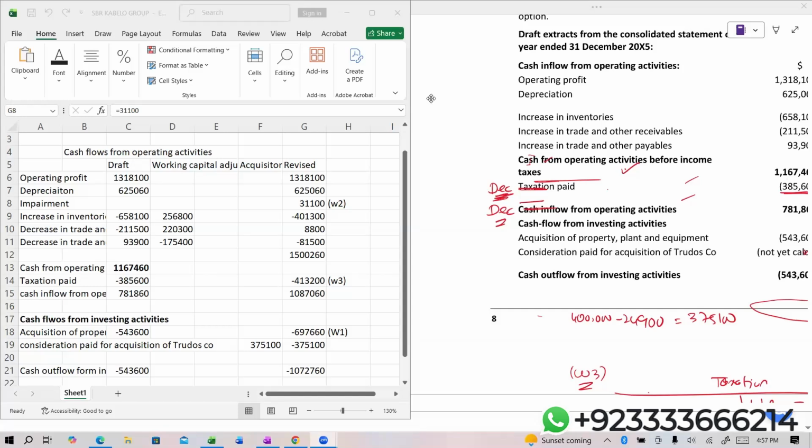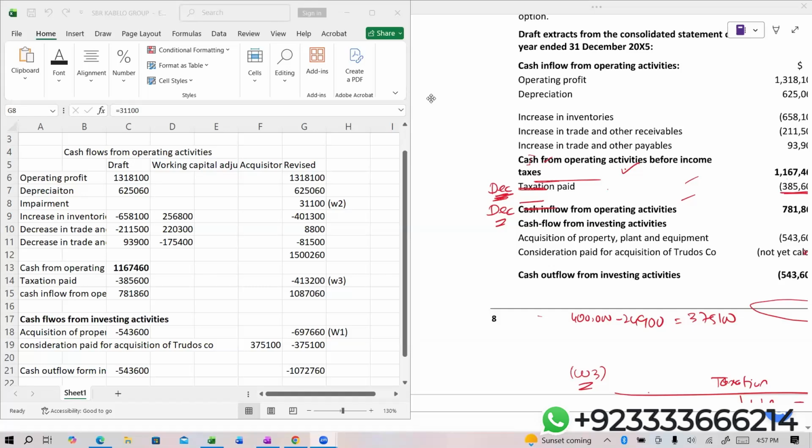While calculating cash purchase of property, plant and equipment, the group needs to make sure that the property, plant and equipment carried down amount has actually increased due to the property, plant and equipment of Traders at acquisition. It will also have the impact of fair value adjustment. So you need to explain two points.